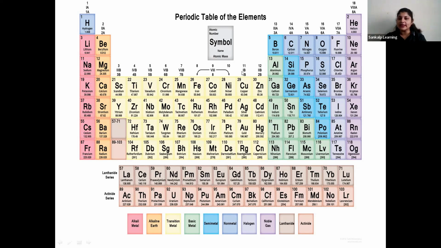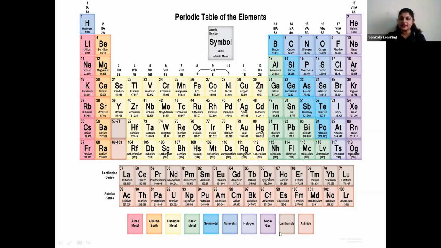So what were the early attempts? As I discussed, many scientists were doing research on the periodic table, noticing the chemical and physical characteristics. First, the elements were arranged according to their atomic weights, and they tried to study their periodicity.